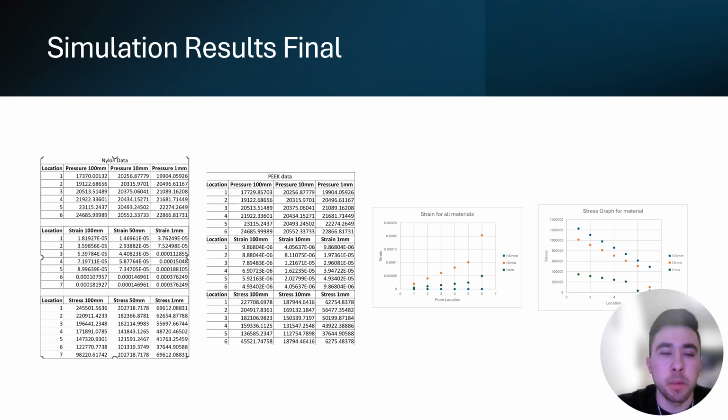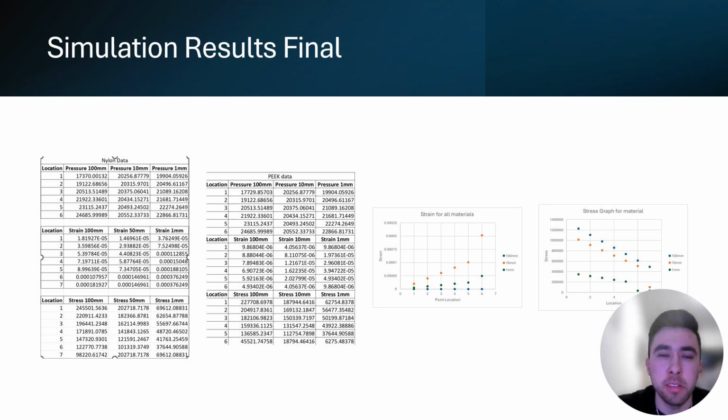In this slide, I'm going to explain the overall graphs for both the stress and strain for PEEK. Nylon showed both flexibility and strength, but lacked the compliance needed to mimic natural artery behavior. As previously stated, it had a high tendency to degrade in high pressure environments, and limited biocompatibility. PEEK, on the other hand, had high durability and stress resistance, but it was too rigid. Additionally, PEEK has a high cost, which makes it not as ideal for large-scale manufacturing.